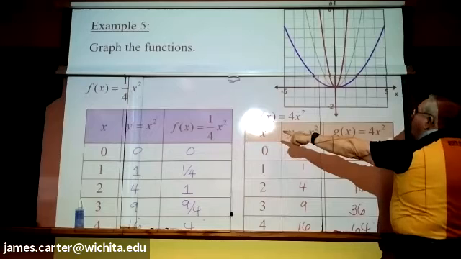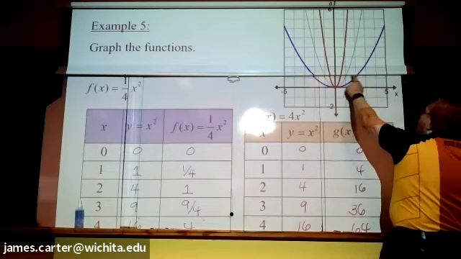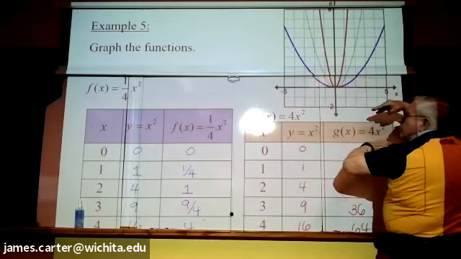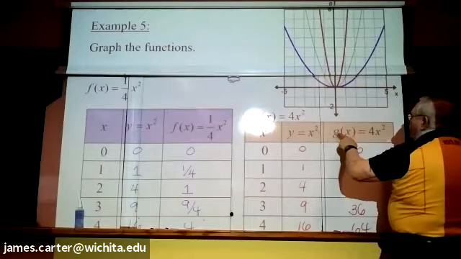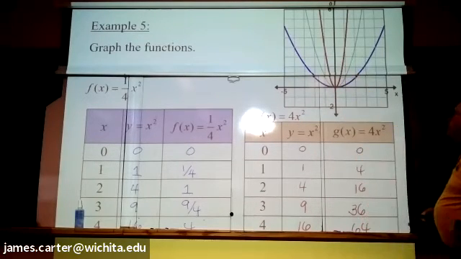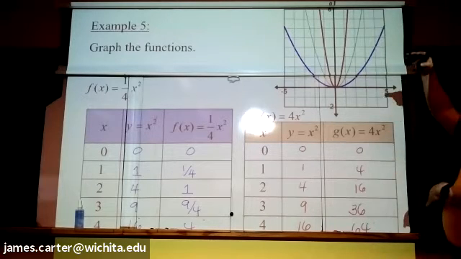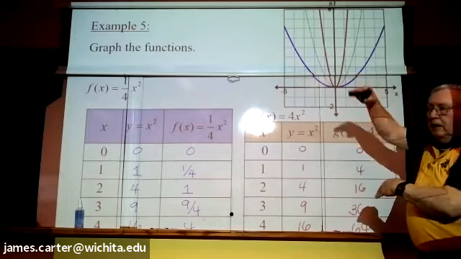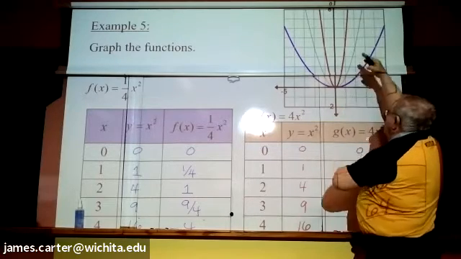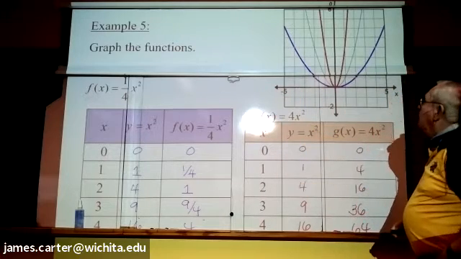The 1/4 is the blue, key to the color. Notice how this thing goes out flatter, or shrunk. For this one, where it's 4 times, notice it goes out steeper, or it's shrunk horizontally or stretched vertically. Those are kind of reciprocal functions. This one is shrunk vertically but stretched horizontally.